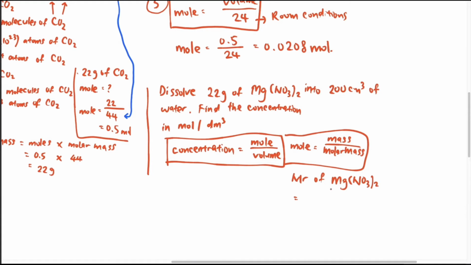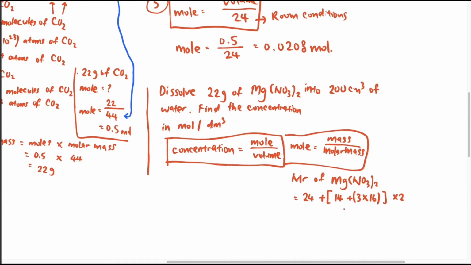I know that magnesium is 24. Then I know that nitrogen is 14. Oxygen is 16. 3 oxygen there, so 3 times 16. And then the whole thing has to be multiplied by 2, because of the 2 here.